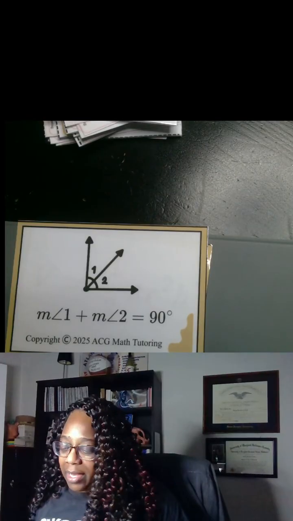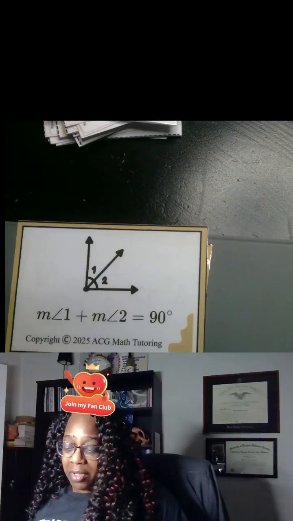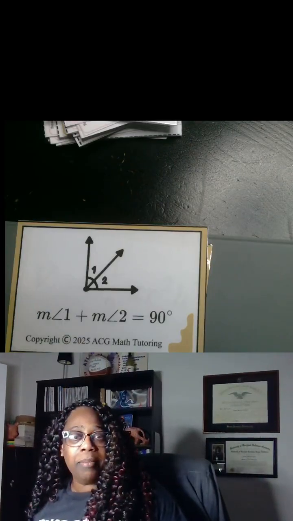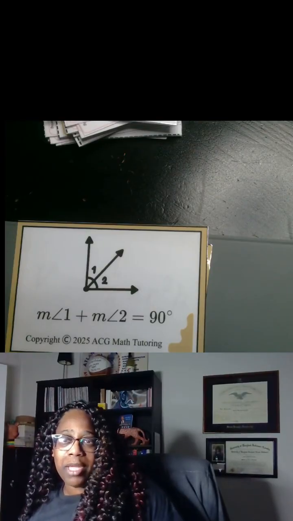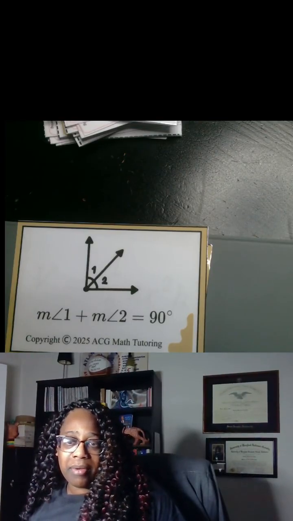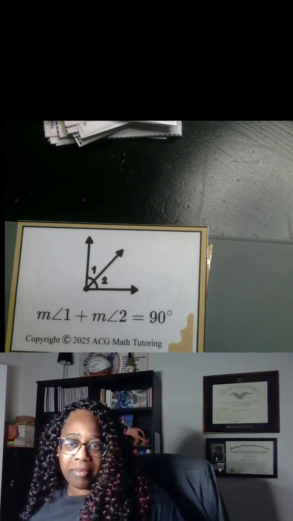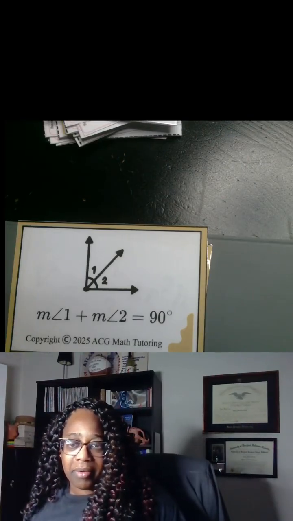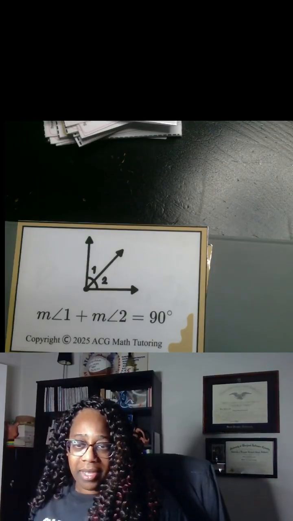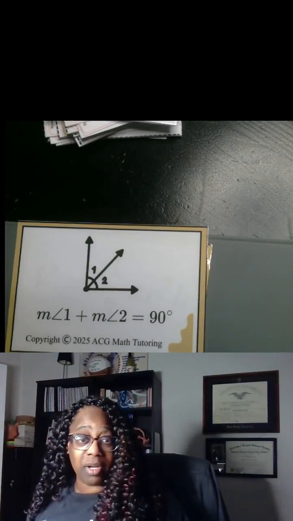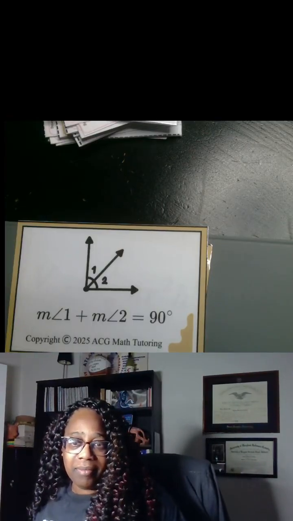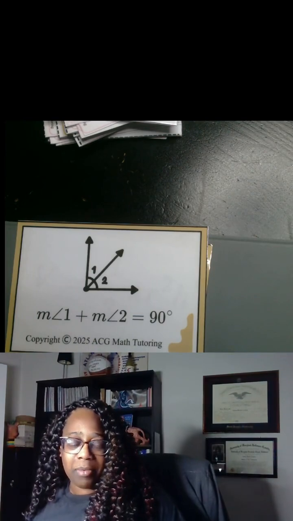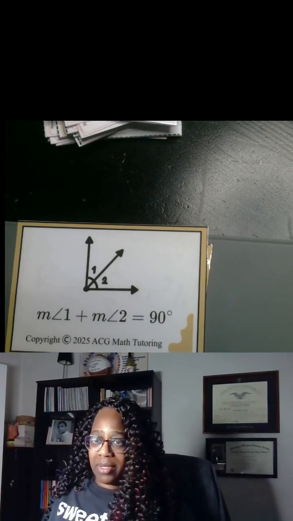Right angles, true, but there's 2 of them, and 2 things add together. Billy's saying complementary. And if you're not sure, put a question mark. That's fine. All right, so we got complementary.